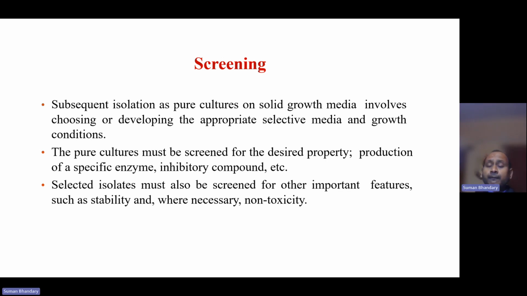And there we are using a selective culture medium for the development of pure culture. This pure culture then must be screened for the desired property, like production of a specific enzyme or a specific compound, like an antibiotic, etc.